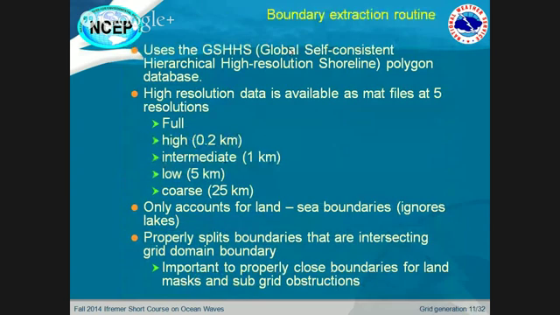There's a bit of a choice for the shoreline, because this shoreline business with the subgrid islands can take some time. If you're just doing tests, instead of using the full-resolution shoreline, which may have less than 100 meter spacing on the coast, you may want to use something intermediate to just try how it goes. And then when you're happy, you just run the full one and go for lunch, and you come back, you have your grid. That's typically what happens.